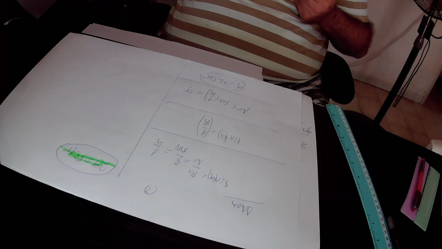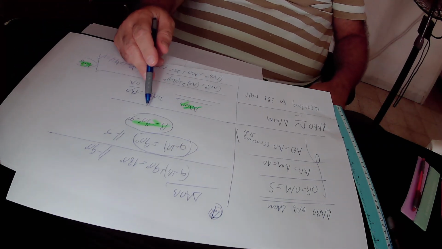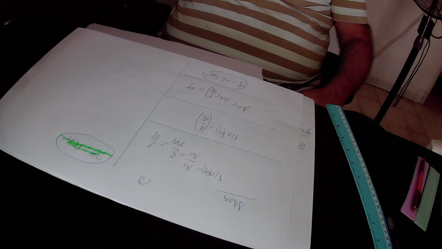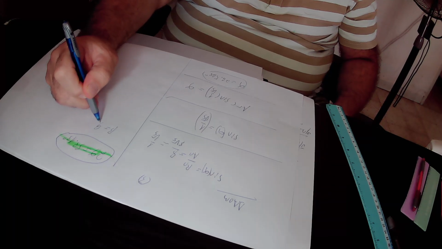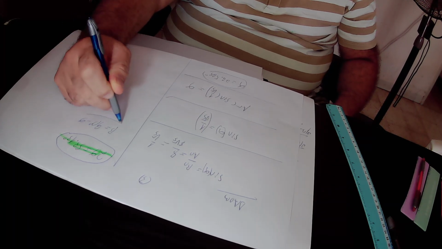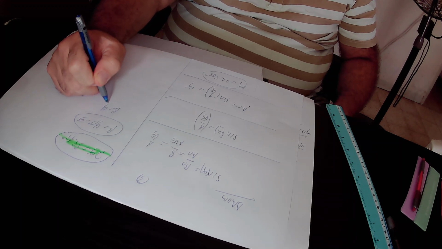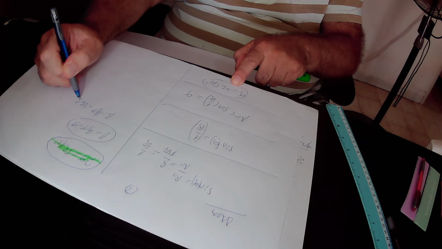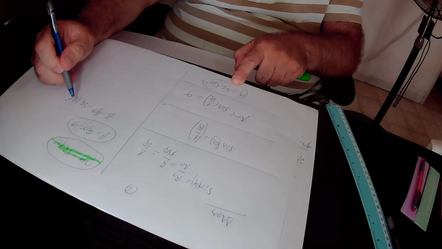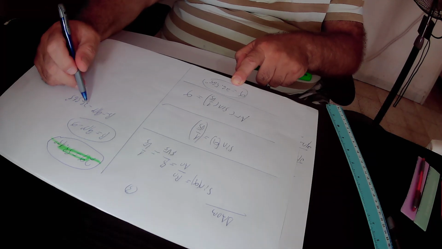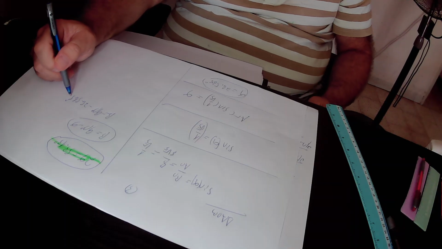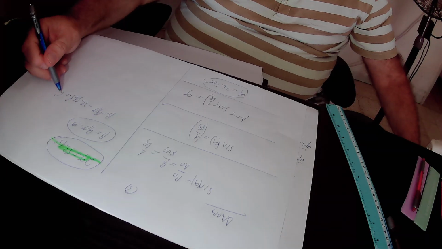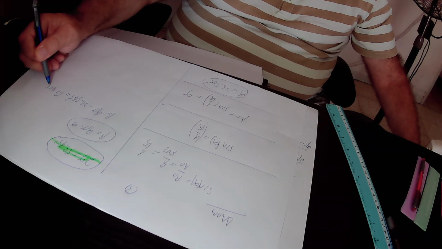We have already found out that angle beta equals 90 degrees minus alpha. So beta equals 90 degrees minus alpha, and alpha equals 26.565, and 90 degrees minus 26.565 is equal to 63.435 degrees.